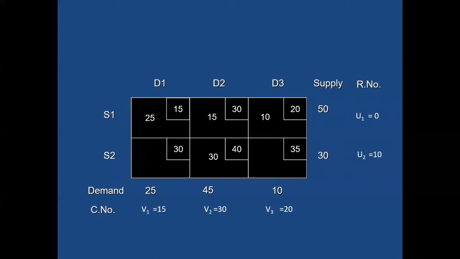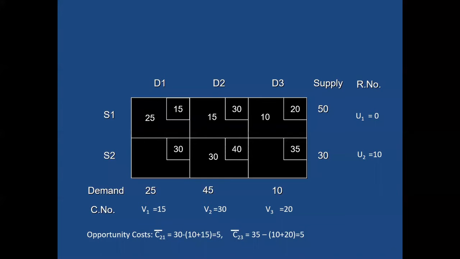Find out the opportunity cost. Now, when I find the new values for C21 bar, I'm getting 5, and for C23 again I'm getting 5. And as both the values are positive values, I can come to the conclusion that the solution which I've got is my optimum solution.